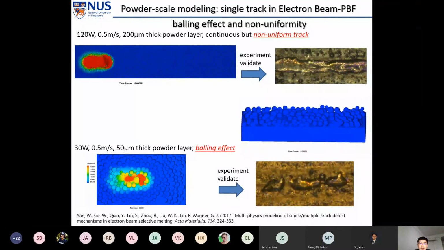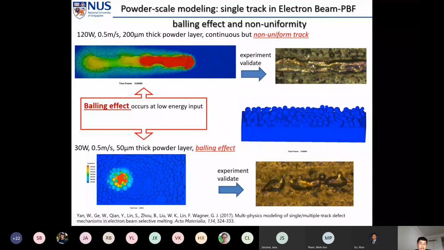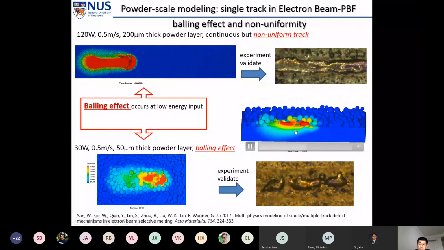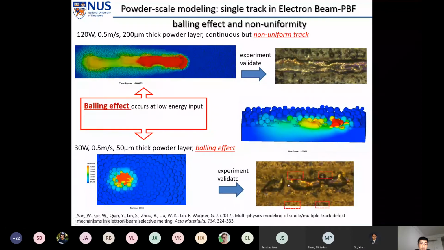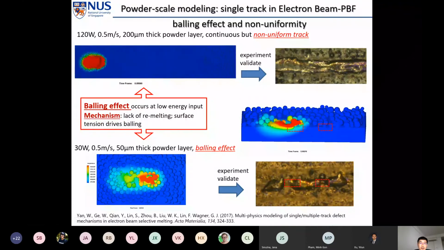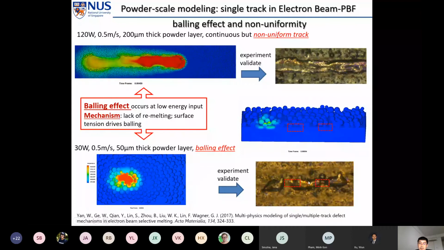So we did simulation to reproduce what's going on in the experiments, and more importantly, we can reveal what's going on in the molten pool and how the isolated droplets are formed. Actually, the physical mechanism is mainly due to the lack of remelting in the substrate, and surface tension is the main driving force.